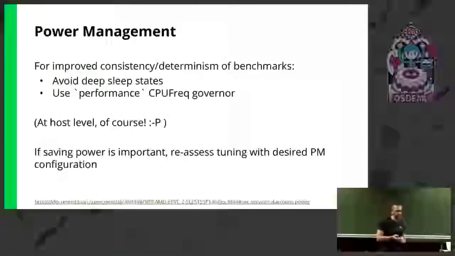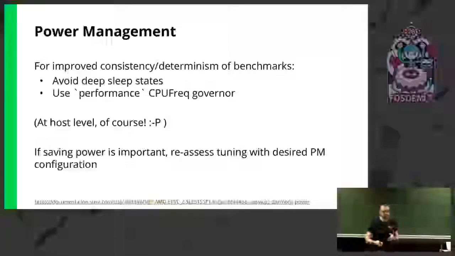And one word about power management at the host level, of course. Again, it depends. In general, it's good to do at least some benchmarks limiting, for example, the deep sleep states and using performance as the CPU frequency governor, because it would help you get a first set of results which are consistent and don't vary too much.